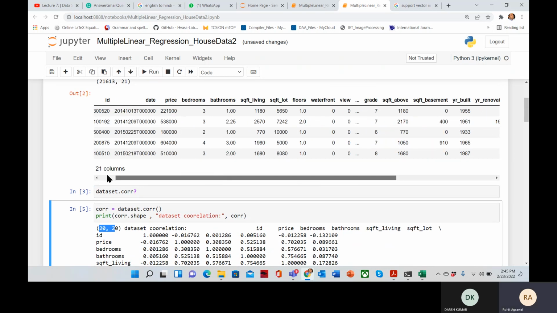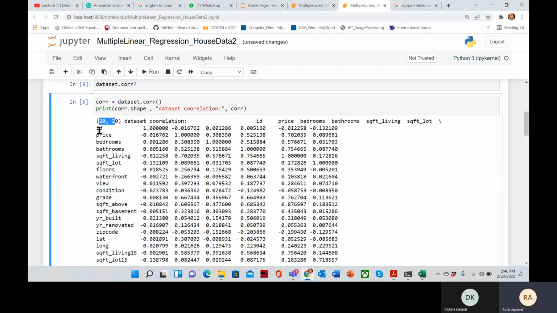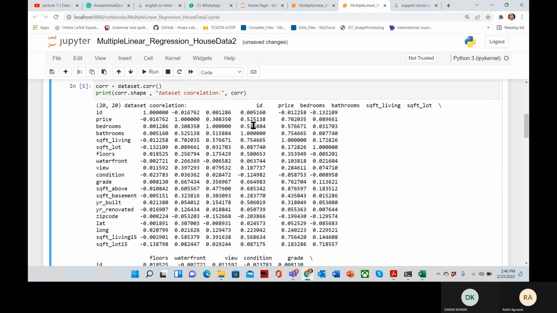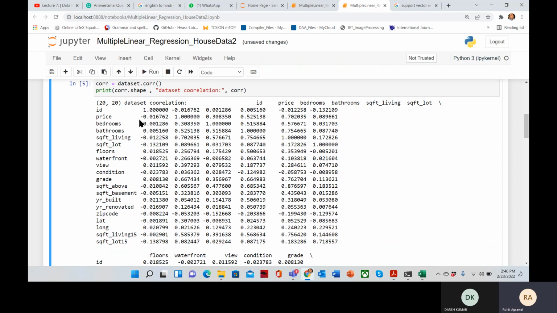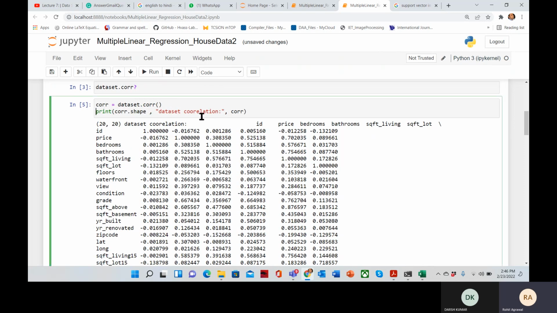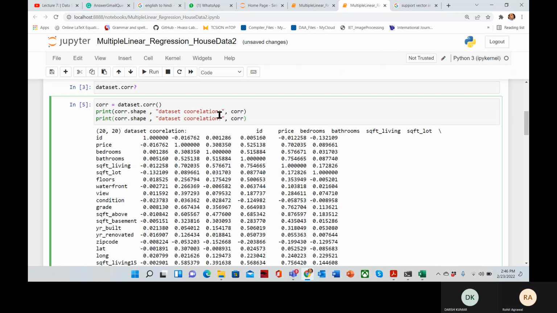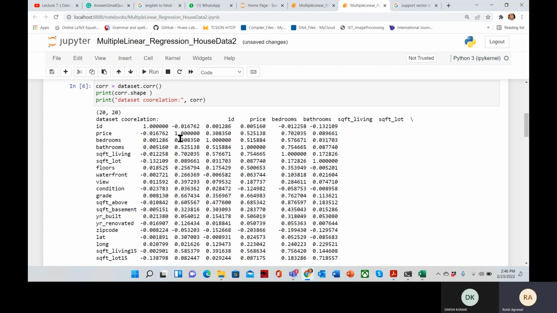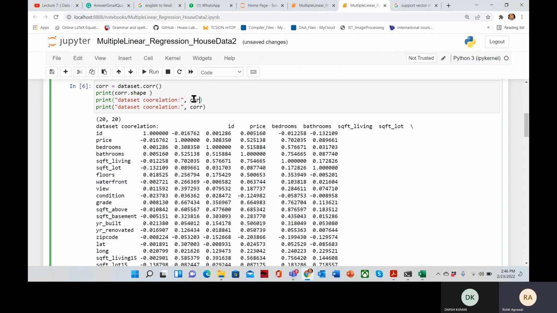Okay, so see, yeah. So ID versus ID. Okay. Then ID versus price, then ID versus this. Okay. Just a minute, I will adjust it so it looks better.